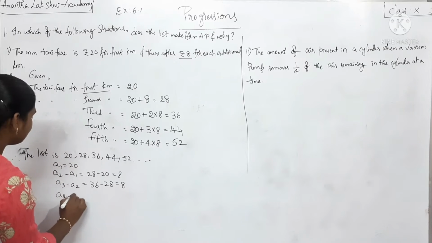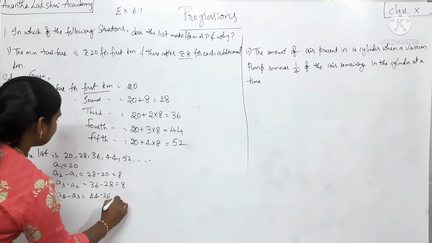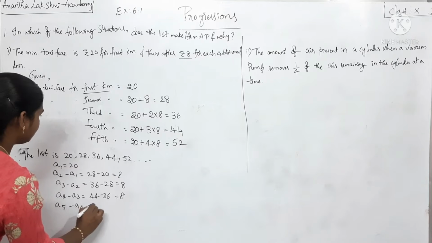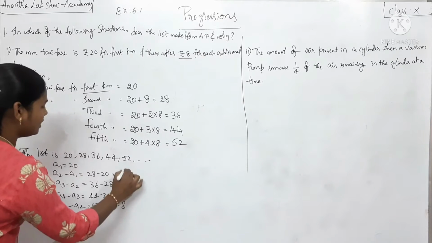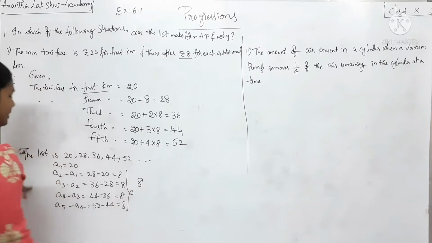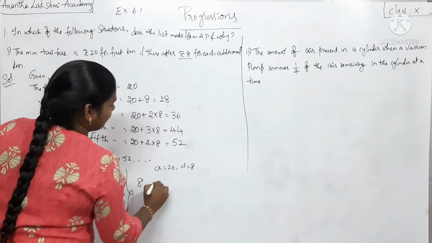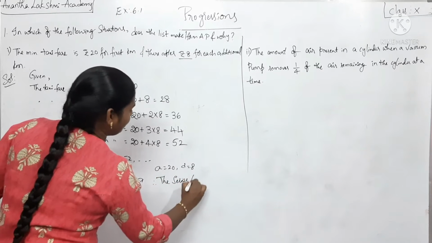Likewise A4 minus A3, if you calculate 44 minus 36, is also 8. A5 minus A4 is nothing but 52 minus 44, which is also 8. So the common difference is 8. A is equal to 20, D is equal to 8. Therefore, the series forms an AP.